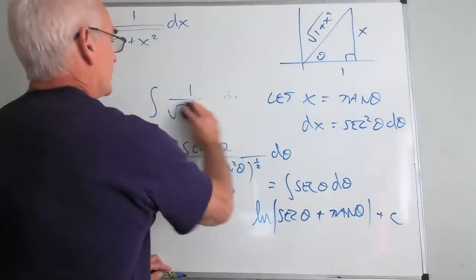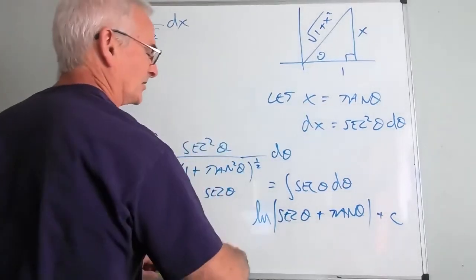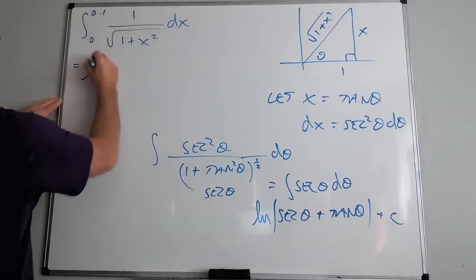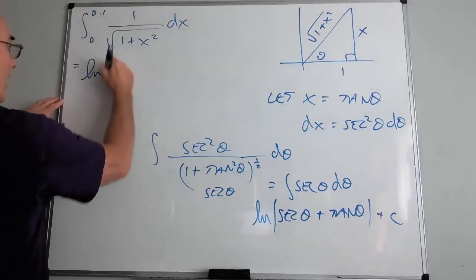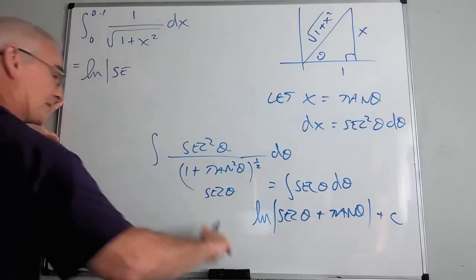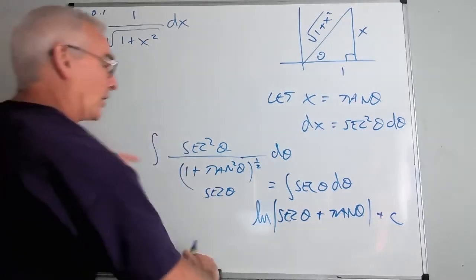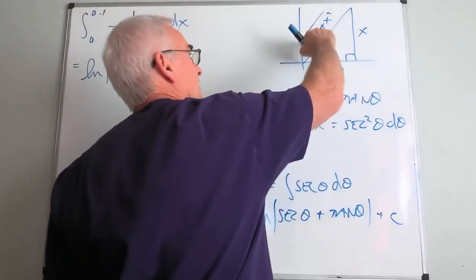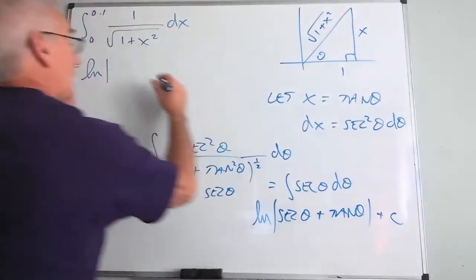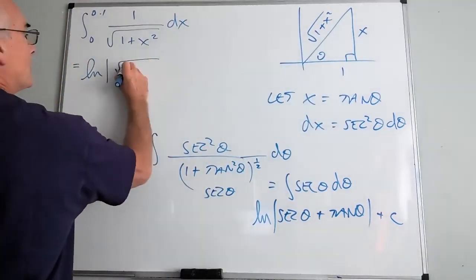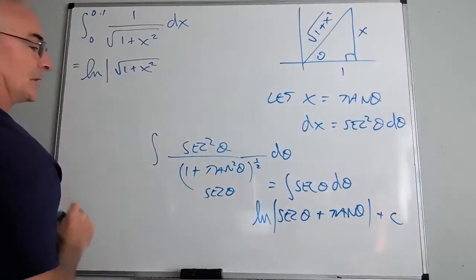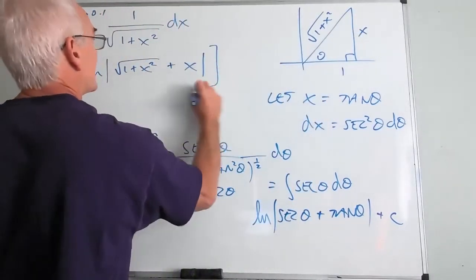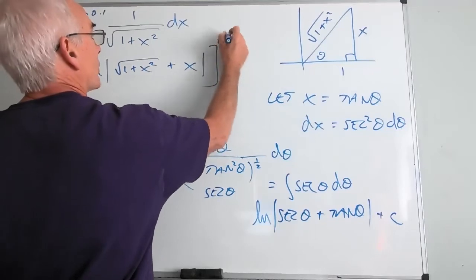So I want to continue. I said you can do this on your own. I'll just go ahead and finish this off. So this is going to be equal to the natural log of the absolute value of, well, what's secant? Well, if cosine is this over this, then secant is this over this. So that would just be the square root of 1 plus x squared plus tan. And then I'm evaluating that from 0 to 0.1.